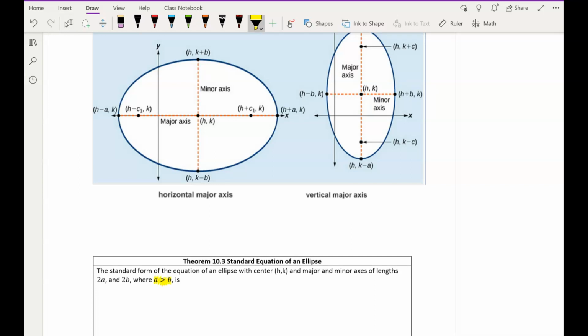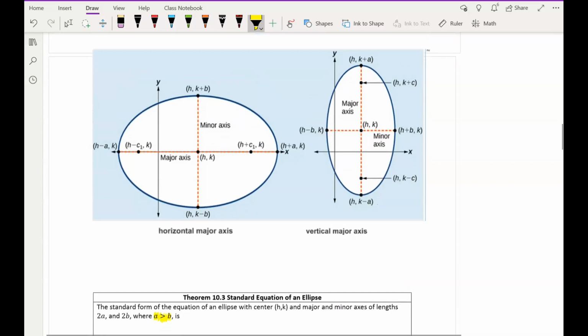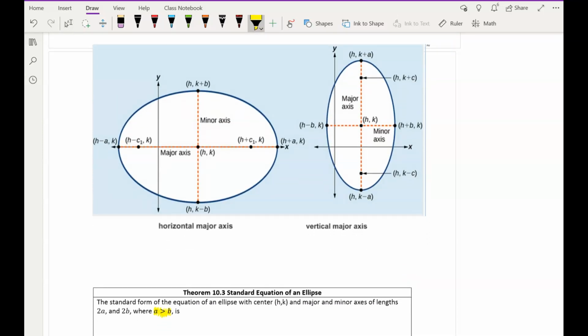So if you go up to this picture, that a value is just that distance from the center. And that a value when we're working with an ellipse is always going to be its distance to its vertex. That's going to be the major axis. The a is always involved with the major axis, and then the b value is the minor axis.